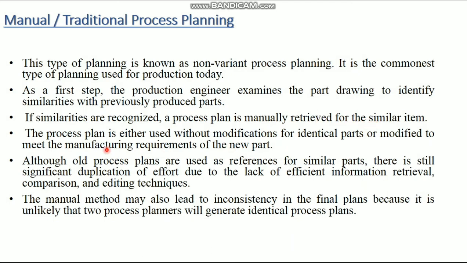The process plan is either used without modification for identical parts or modified to meet the manufacturing requirements of the new part. Although old process plans are used as references for similar parts, there is still significant duplication of effort due to the lack of efficient information retrieval, comparison, and editing techniques. The manual method may also lead to inconsistency in the final plans because it is unlikely that two process planners will generate identical process plans.